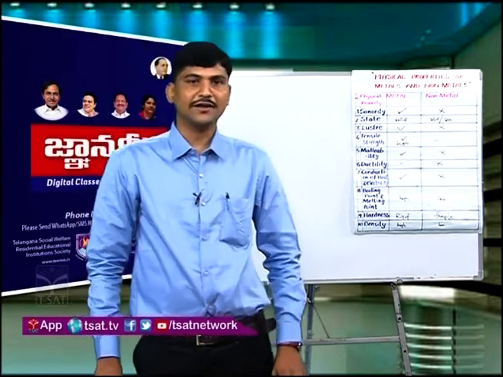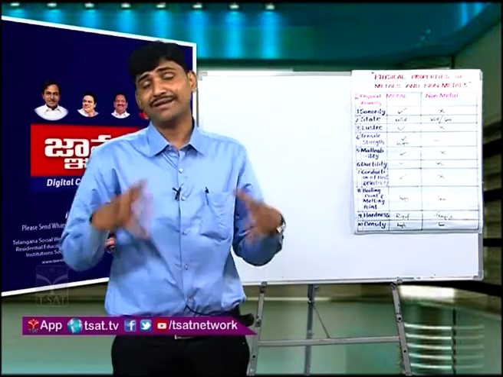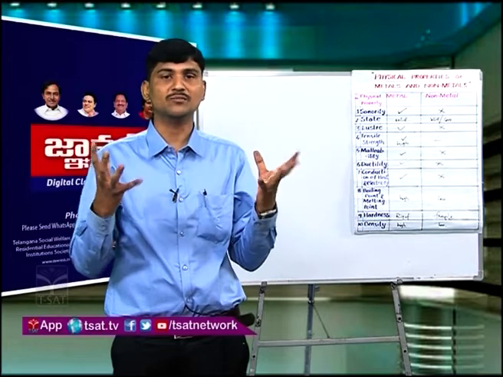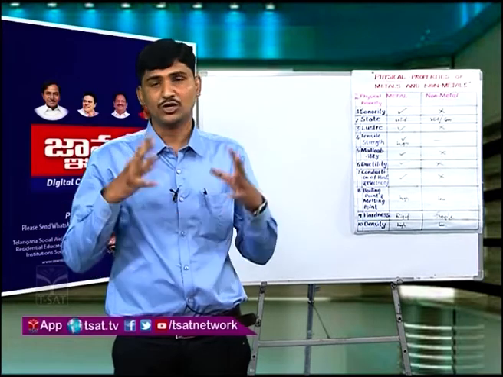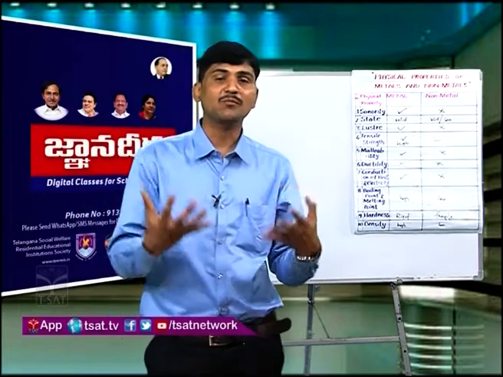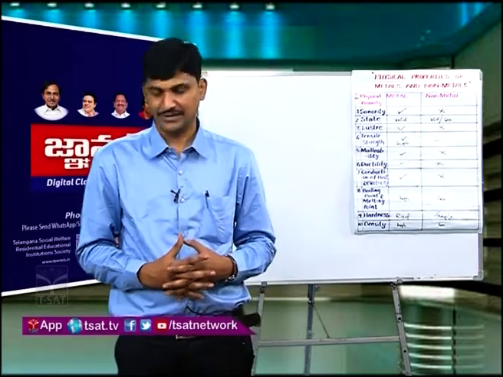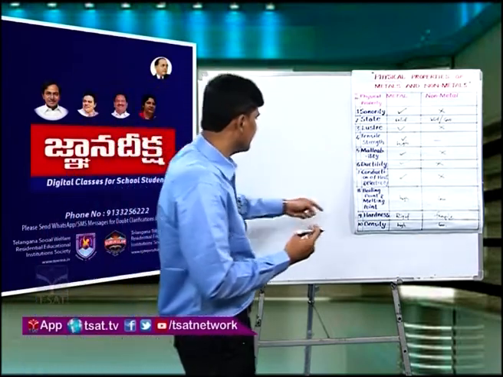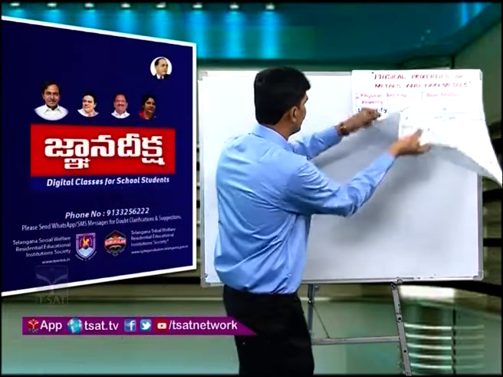Okay children, now let us go to the session. As we have some contradictions in the physical properties, we are unable to come to a conclusion by the physical properties. So we need to depend on something else, that is the chemical behavior, the chemical properties of metals and non-metals. Let us see the chemical properties of metals and non-metals.